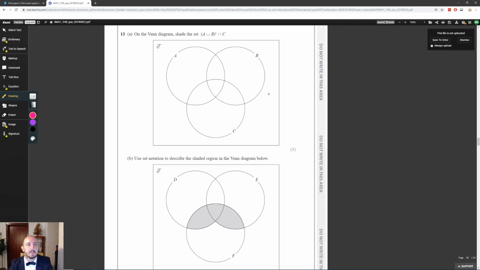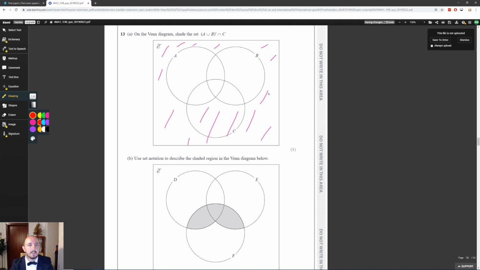Venn diagrams, shading the set. We have to try and interpret what this code means. So we want the union of A and B, which would be all of the thing inside A or B, but the little apostrophe outside means it's not. So it's actually everything outside those 2 circles.